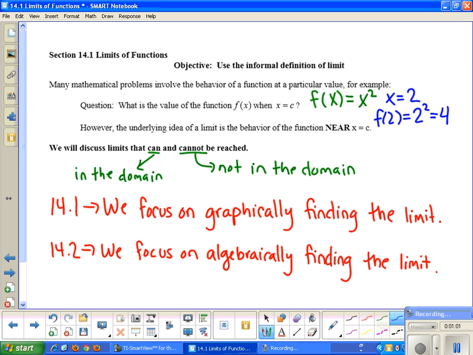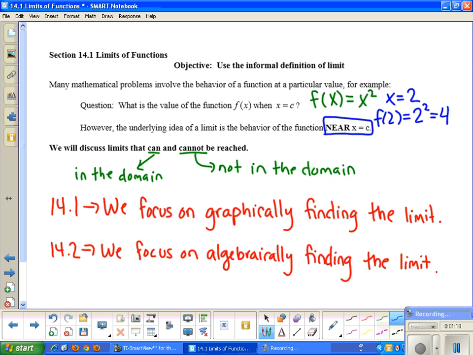Now, the underlying idea of a limit is the behavior of the function near x equals c and not at x equals c. The reason is that we're going to be discussing limits that can be reached and limits that cannot be reached.